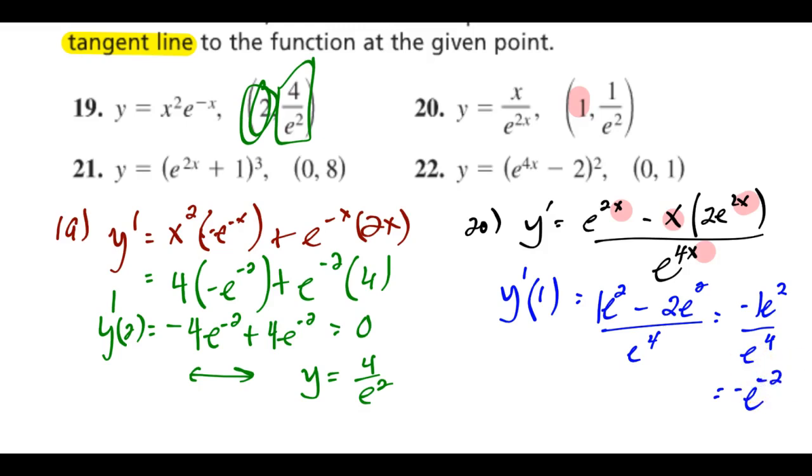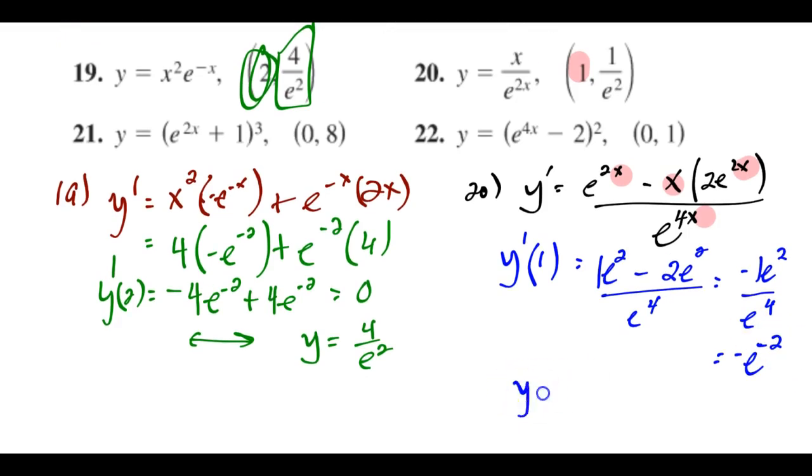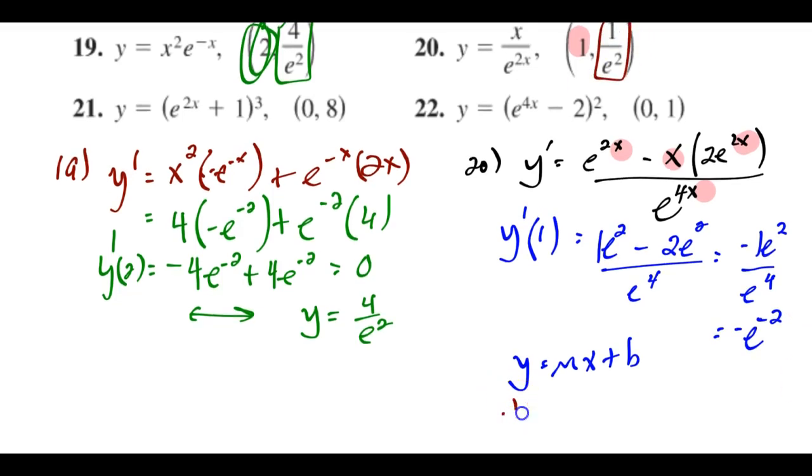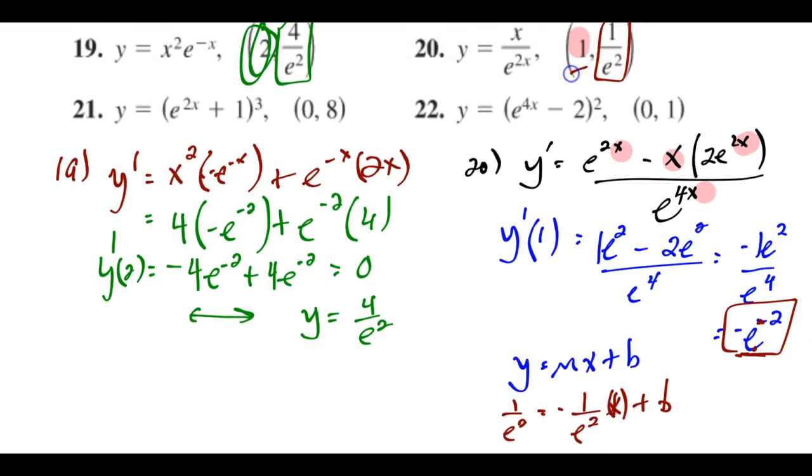So if that's the slope, I'll go write the equation y equals mx plus b. Oh boy, this is tough. So there's the y value, which is 1 over e squared, is equal to the slope. I'm going to write it as negative 1 over e squared as well, because that's what happens with this negative exponent, x plus b. Oh, x is a 1 because of this guy.